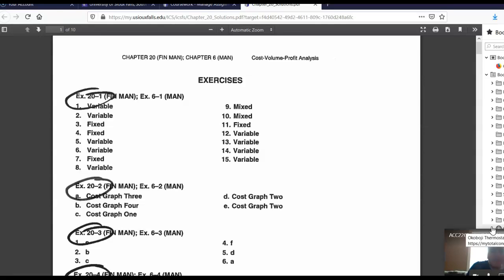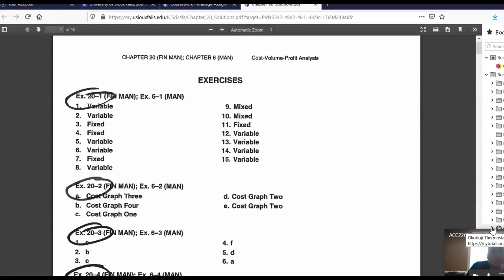So following is a list of various costs for automobile parts. With respect to the production and the sale of these parts, classify each as variable, fixed, or mixed costs. So variable, of course, changes. Fixed stays constant. The mixed, what that means is, for instance, like your photocopier lease.